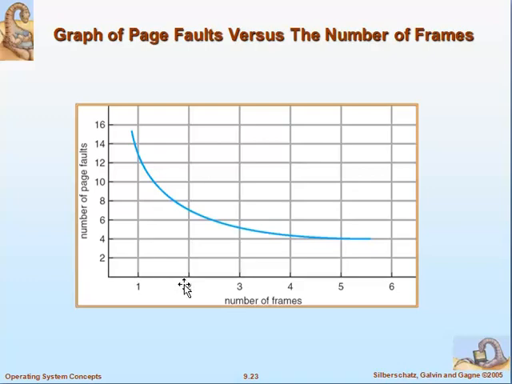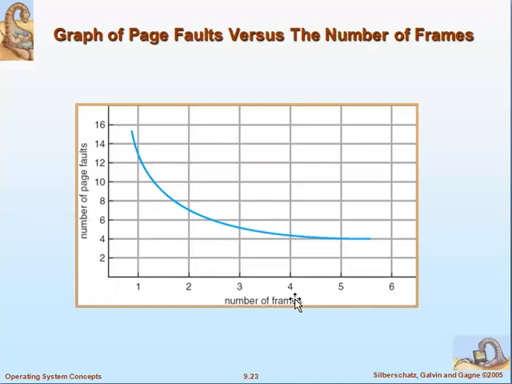You can see as the number of frames increases, the page faults reduce. For example, when we increase the number of frames from 1 to 2, the page faults, which are close to 12, are reduced to close to 7. As we keep on increasing the number of frames, the page faults will reduce. This gives a relation between page faults and number of frames.